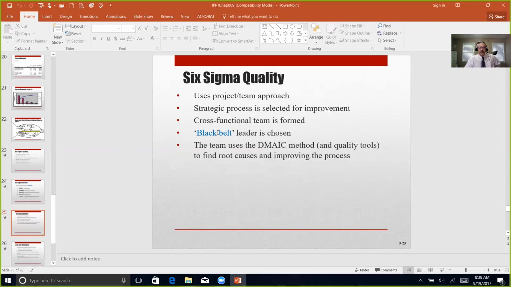And certainly you want to have someone who is black belt qualified, or in this case, a black belt leader, someone who understands quality, who understands the tools that are going to be utilized, someone who can help direct the cross-functional team to continually ask, why is this occurring, why is this occurring, why is this occurring, to help that team come up with some tangible solutions to correct that why and hopefully improve the overall process.